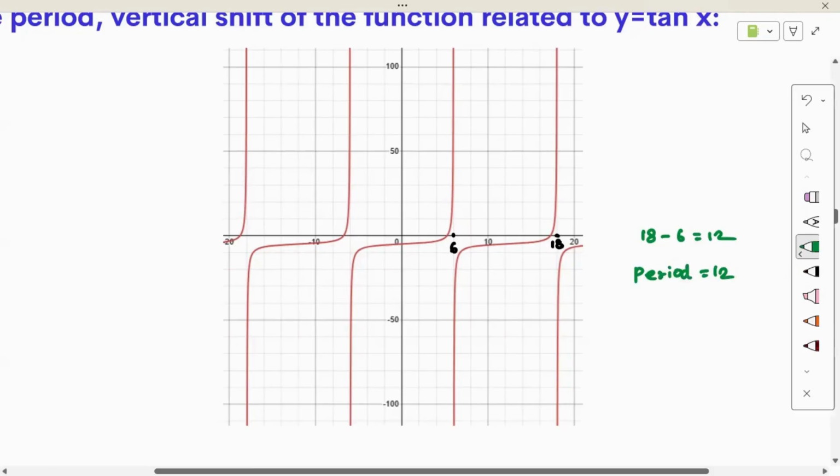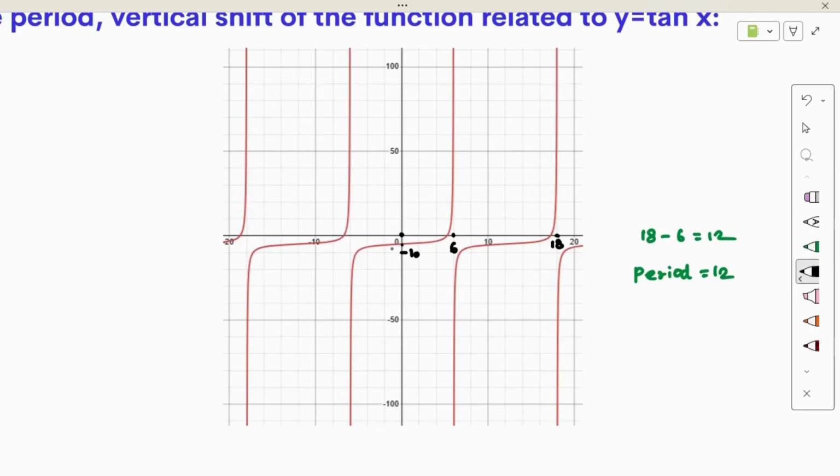Right? Next, I need to find the vertical shift. Usually it will cross here, but this time it's here, right? It's in the middle between this and this. So 0 to 50, each is 10. Between 0 and 10, just find the midpoint.